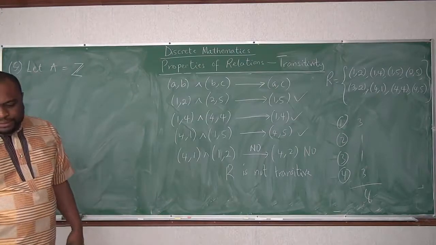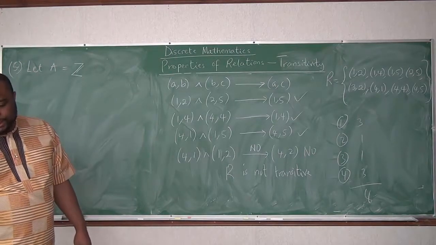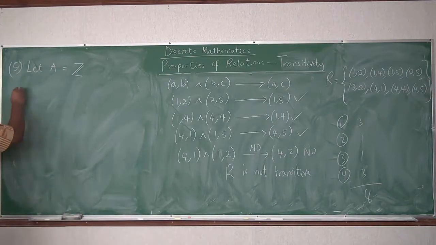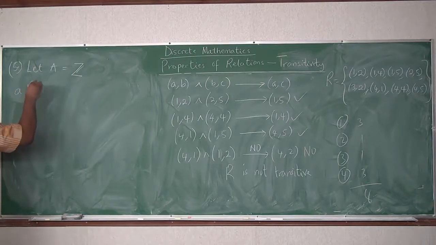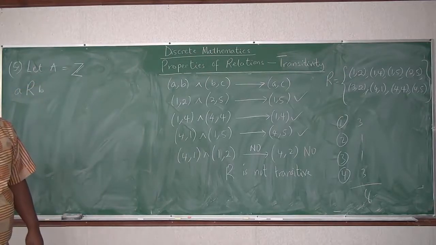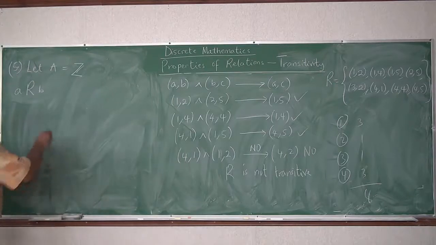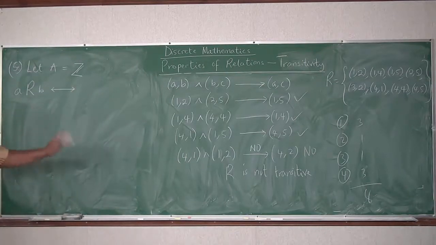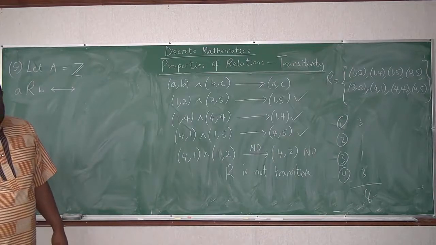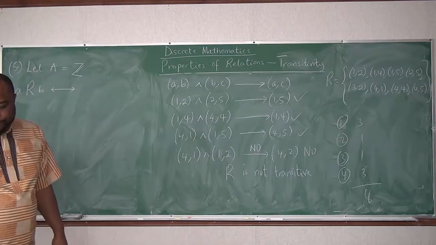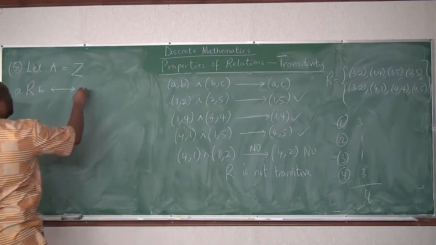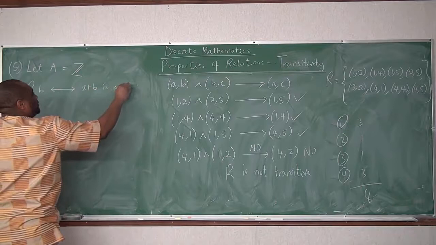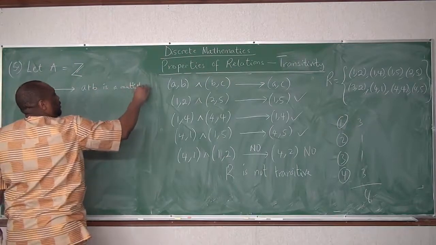And R will be the relation on set A where a R b if and only if, remember this is logic, a plus b is a multiple of 5.